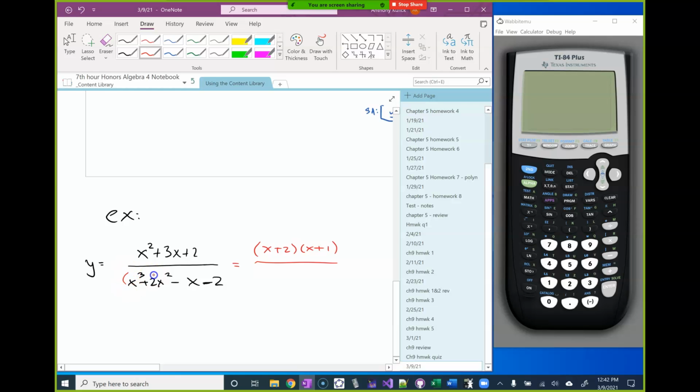From the second group, I can take out a -1. So that gives me x plus 2 times x squared minus 1. And then x squared minus 1 factors to x minus 1 times x plus 1. And I can do some reducing.